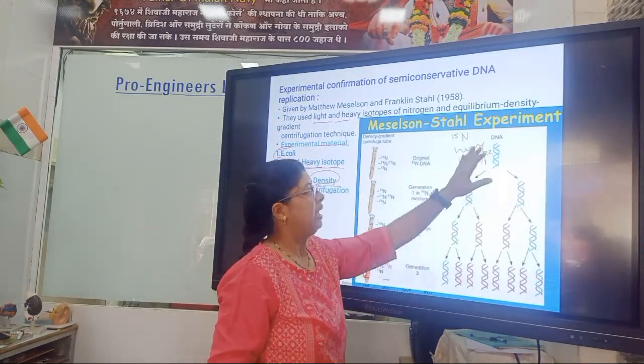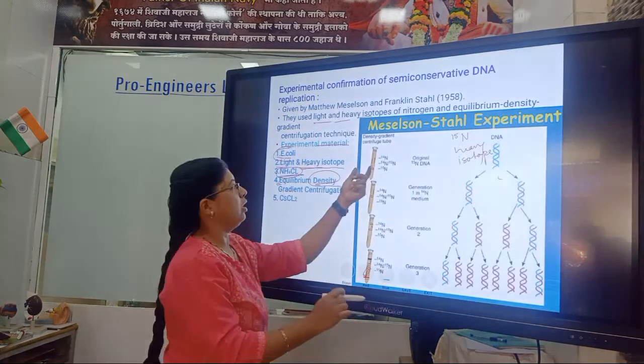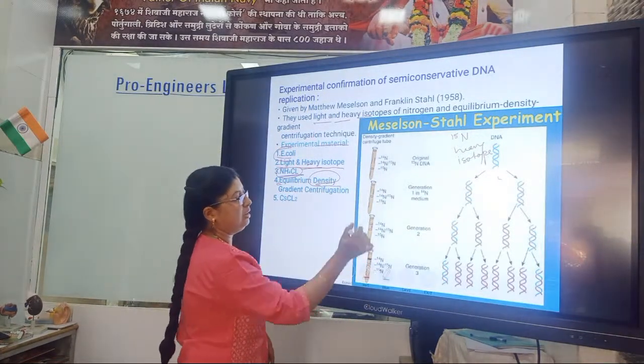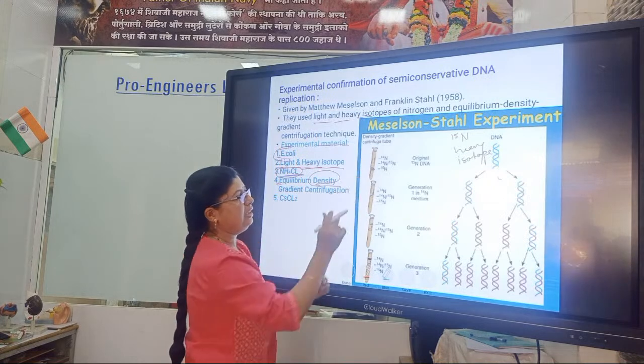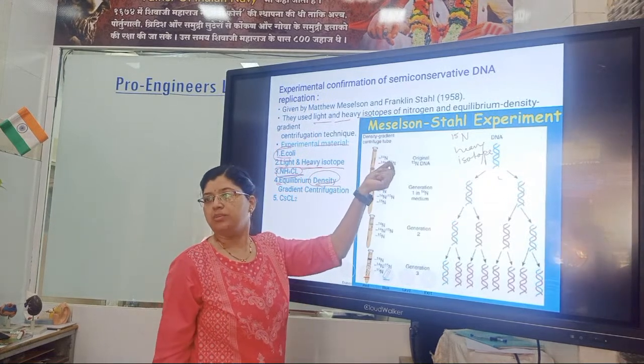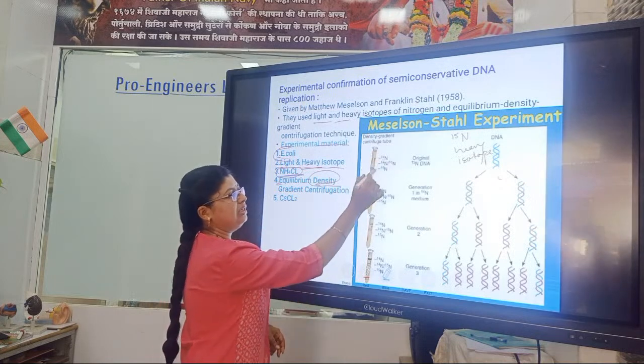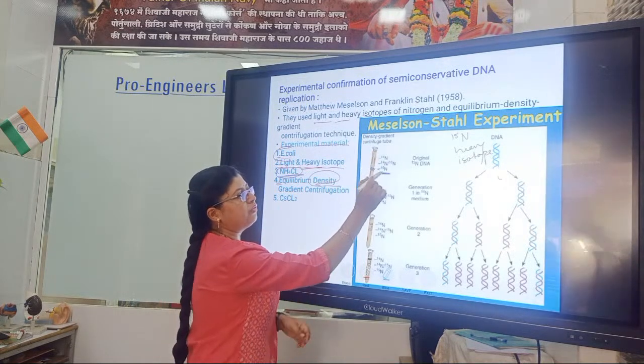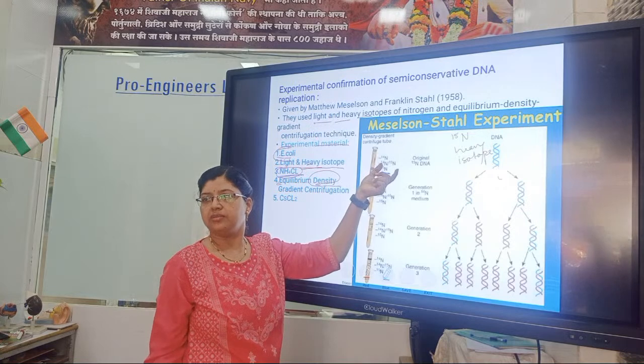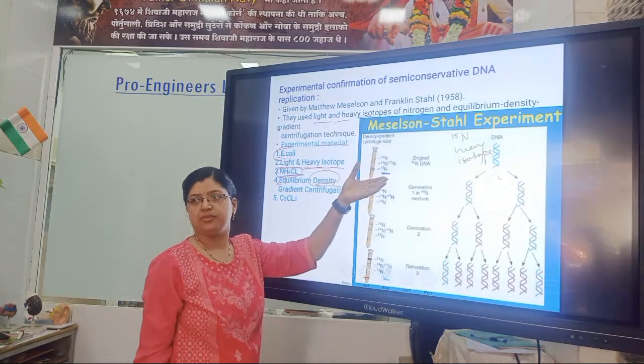Yes. This DNA occurs here at the bottom of the test tube. The band occurs in the test tube, that is the 15N band, that is of high density.